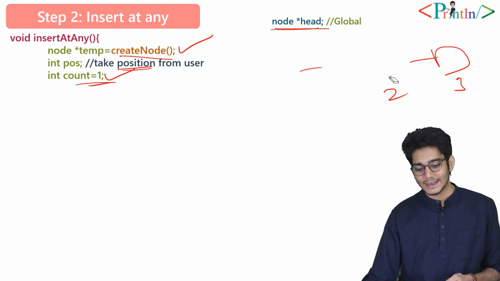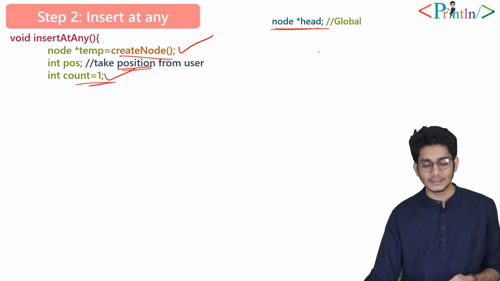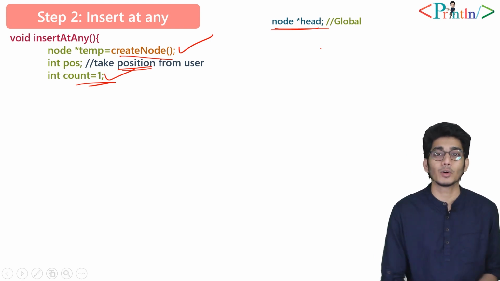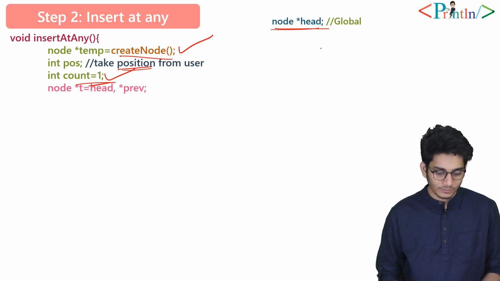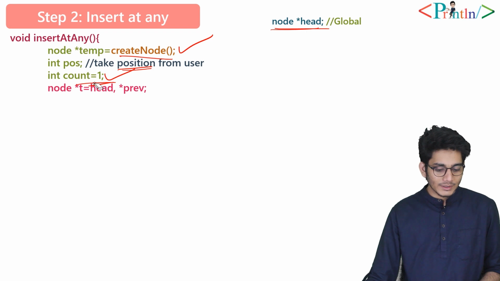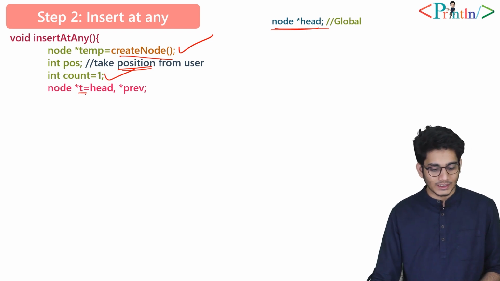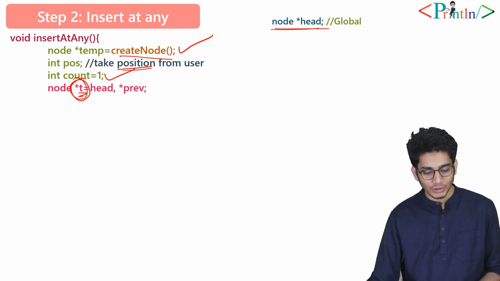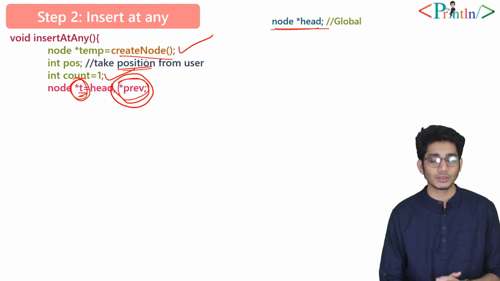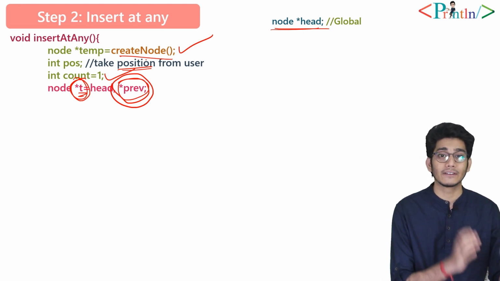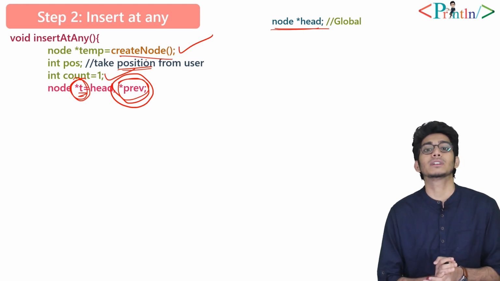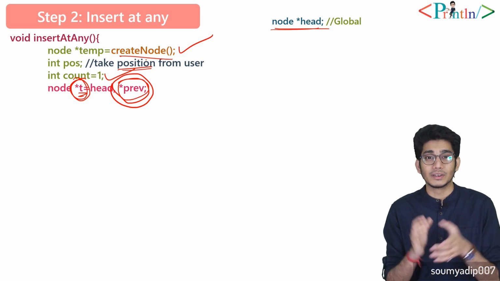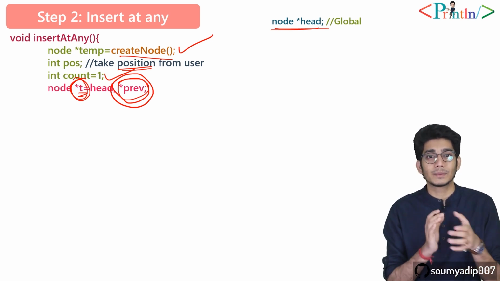We have to check several parameters for inserting an element at a given position of a linked list. Now as you can see, we have taken a reference pointer. This t is a reference pointer, and we have also taken a previous pointer. Whenever you are trying to insert an element at a given position, you need this previous pointer for storing the previous memory address.